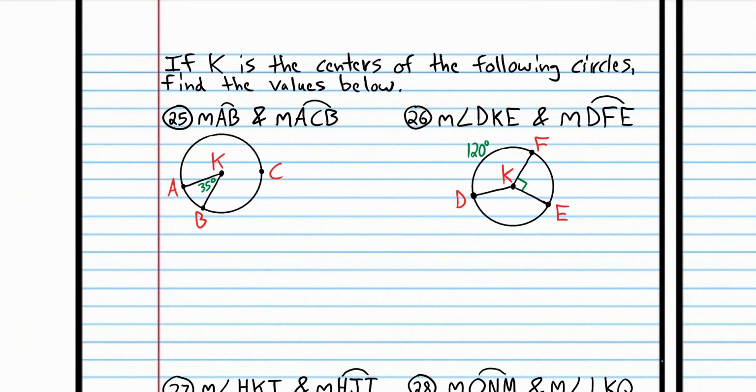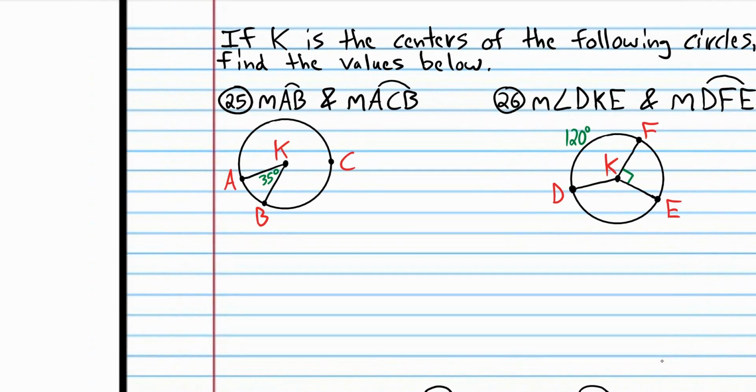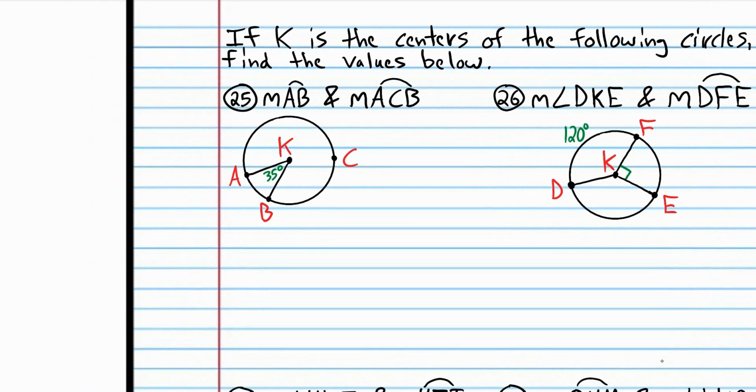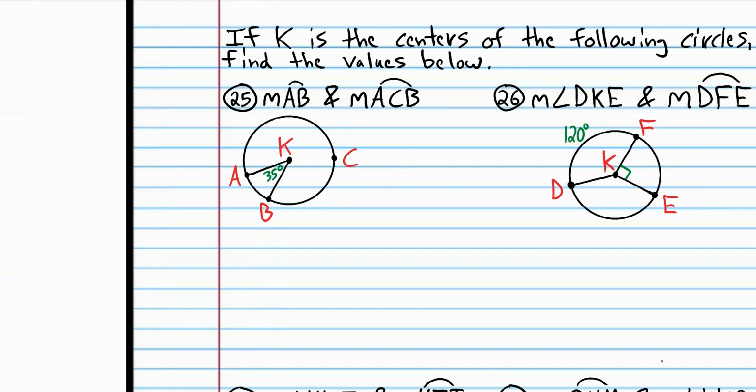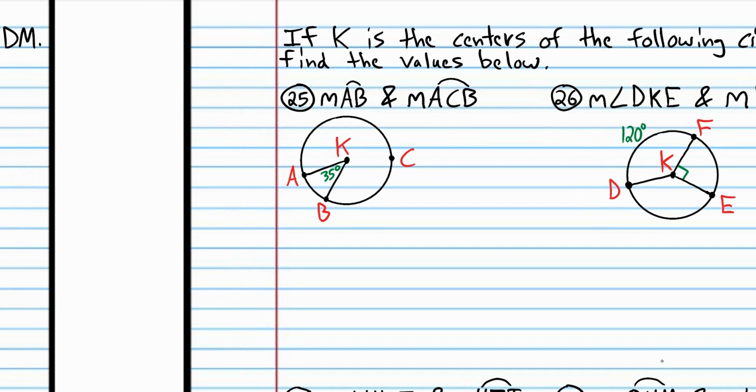If K is the center of the following circles, find the values below. So they give us the central angle here. This is called the central angle, is 35 degrees, and they want us to find the measure of arc AB. So the measure of arc AB is exactly the same as the central angle, because that's the corresponding arc of that central angle.